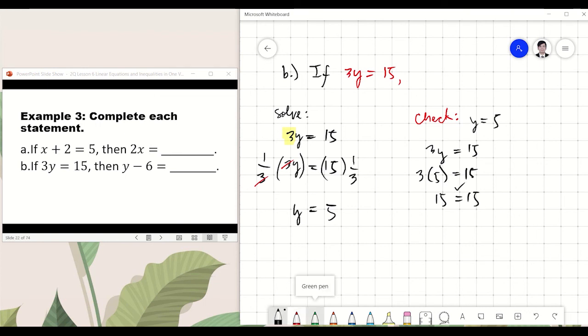So this is now the best time for us to find y minus 6. So yung gagawin lang natin, y minus 6 is equal to, yung value ng y na nakuha natin, 5. So 5 minus 6 is equal to negative 1. So ito yung tamang sagot.